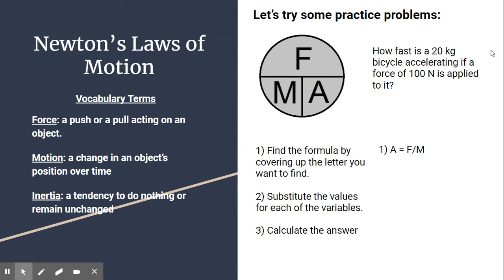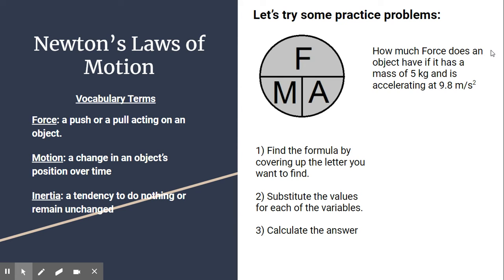Now you substitute those values. Force is 100, mass is 20, so your formula would be acceleration is equal to 100 newtons divided by 20 kilograms. Then the last thing you would do would be actually calculate that answer by doing the math, and you'd come up with 5 meters per second per second. So every second it's gaining another 5 meters per second.